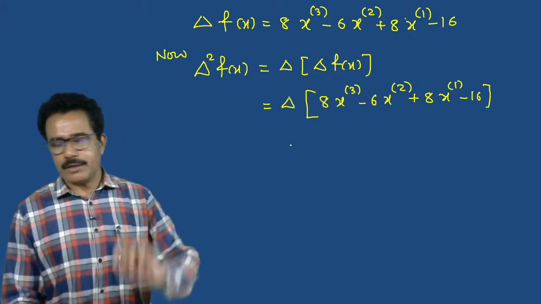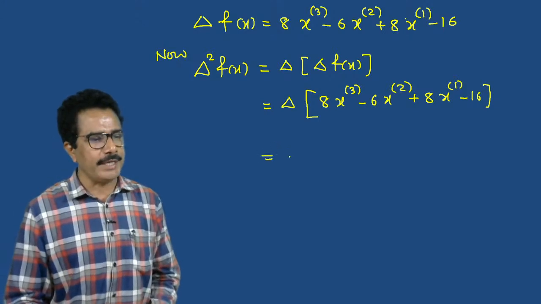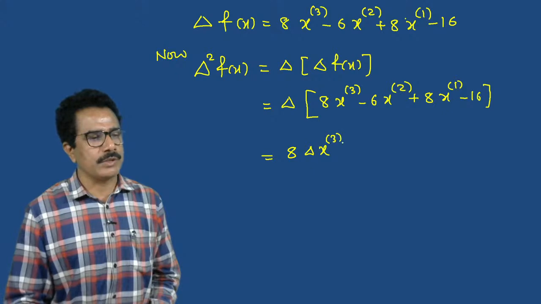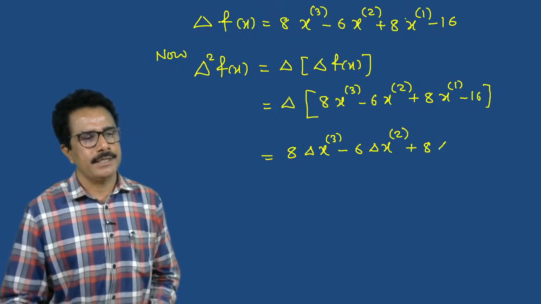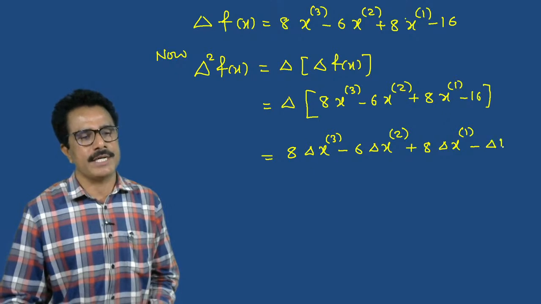Go ahead and calculate, I will see who gets the answer first. 8 delta x raised to 3 minus 6 delta x raised to 2 factorial plus 8 delta x raised to 1 factorial minus, this is a constant.